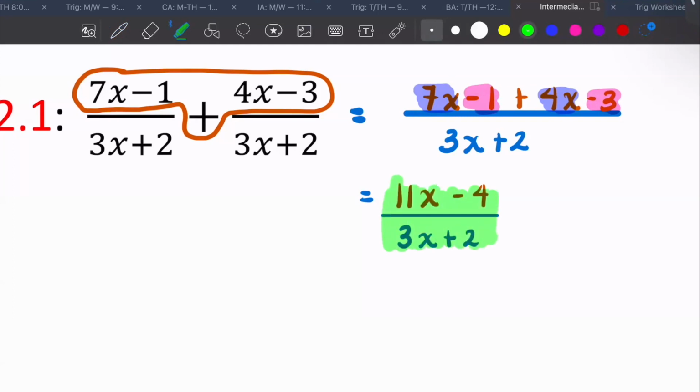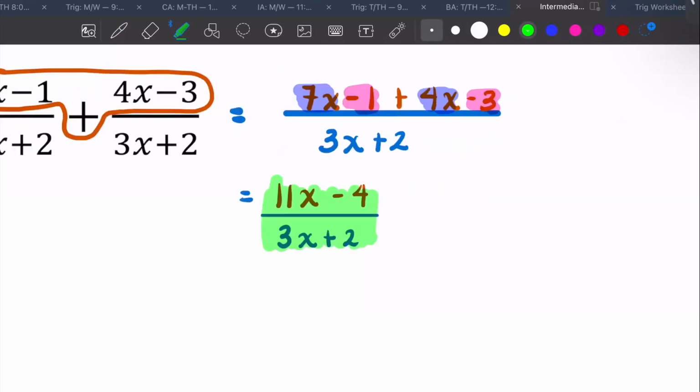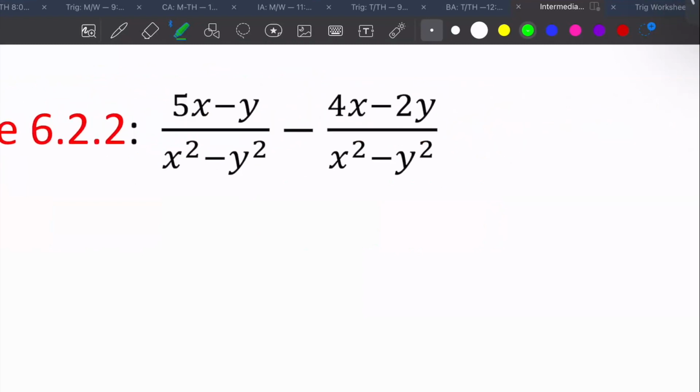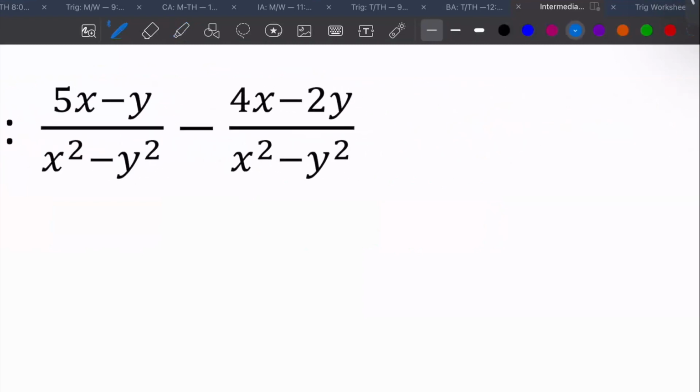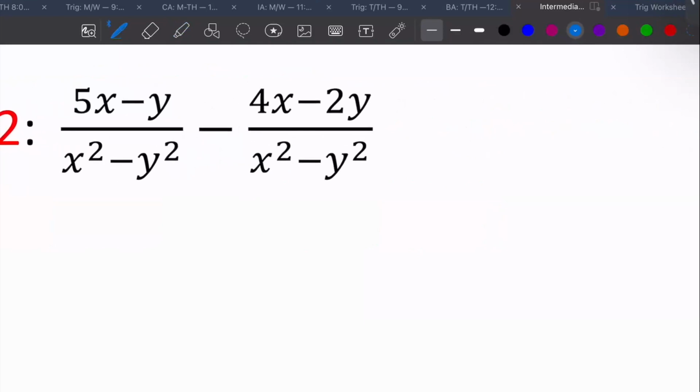So we're just combining that numerator and putting it over our common denominator, right? So this one has a common denominator of x squared minus y squared, okay? x squared minus y squared is the difference of two squares, correct?